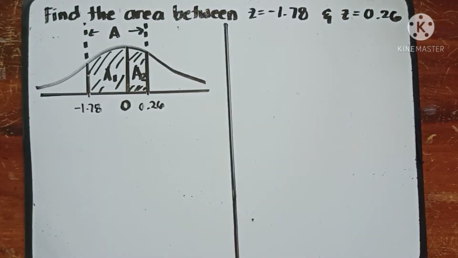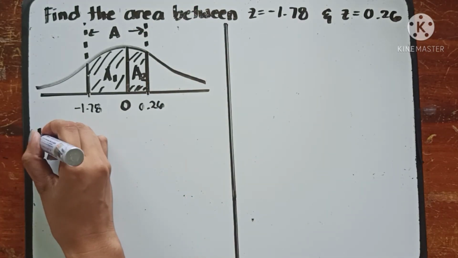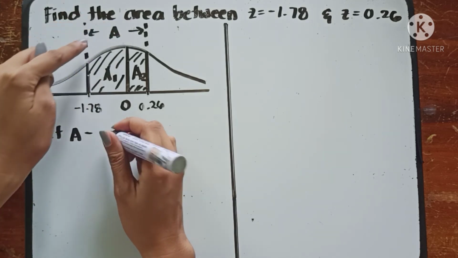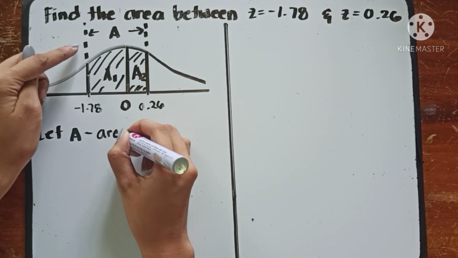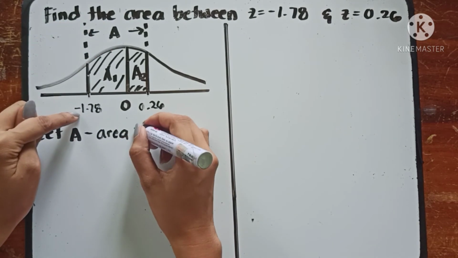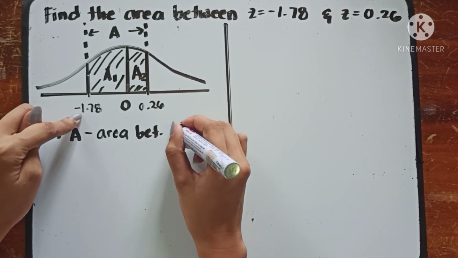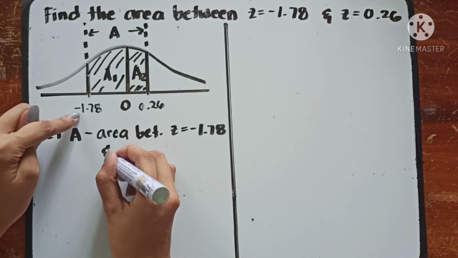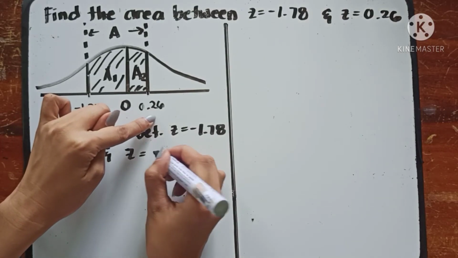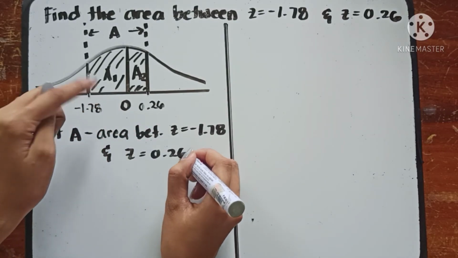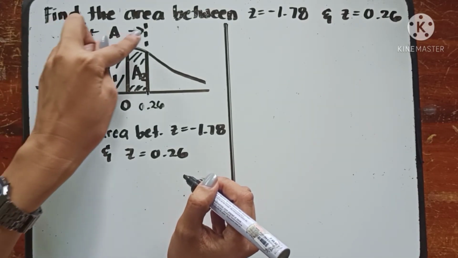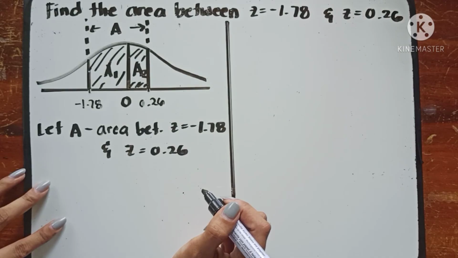Okay? So, now, we let A, ano yung A natin ulit? We let A be the area between Z is equal to negative 1.78 and Z is equal to 0.26. A natin, negative 1.78 hanggang 0.26.